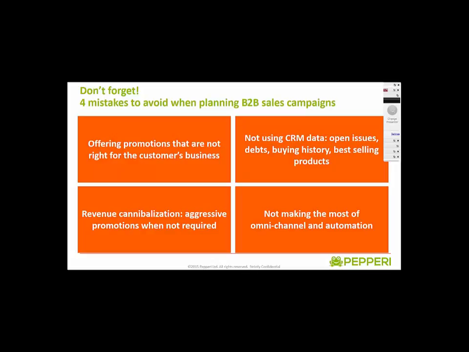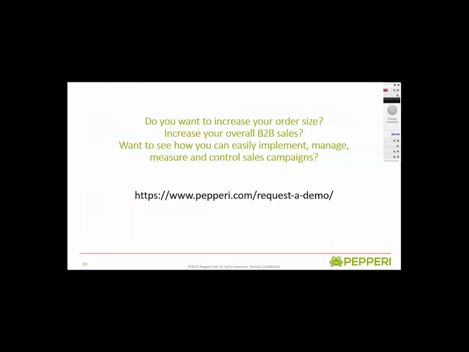And we need to make sure that we're using them to monitor the campaigns and control the campaigns. The automation and omni-channel is a great power to have, and we need to figure out how to make the most out of them. So that concludes our webinar for today.